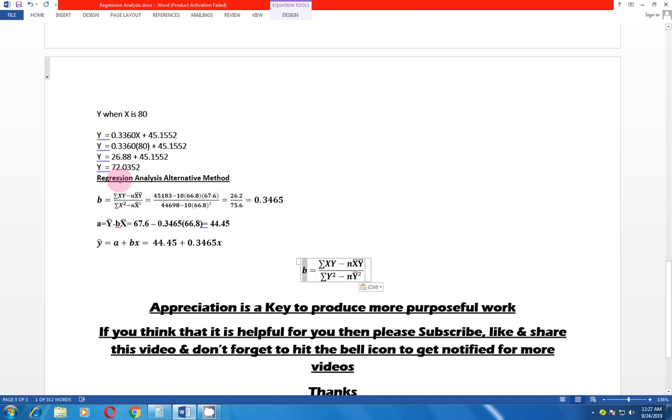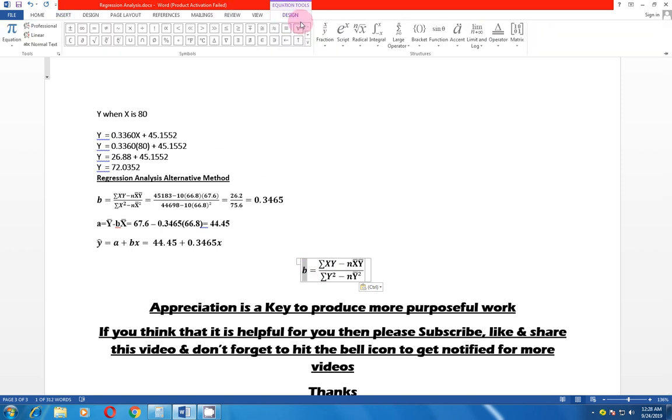Here in beta y on x, it is sum of x square, but in beta x on y, it will become sum of y square. So similarly, we just replace x with y, and that will be beta x on y.